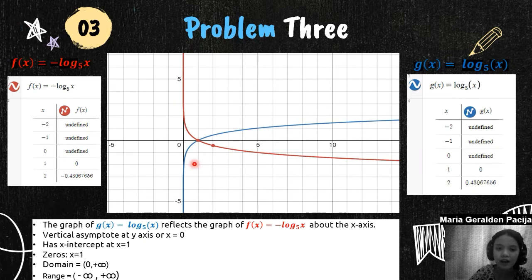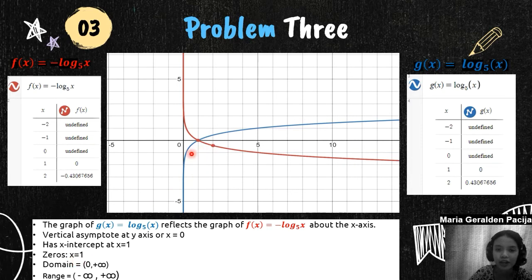Now for our asymptote, we have our vertical asymptote, which is at the y-axis, or x is equivalent to 0. Next, we will have our intercepts, which is our x-intercept found in here, which is x is equivalent to 1. Next is our zeros, which is x is equivalent to 1 also.